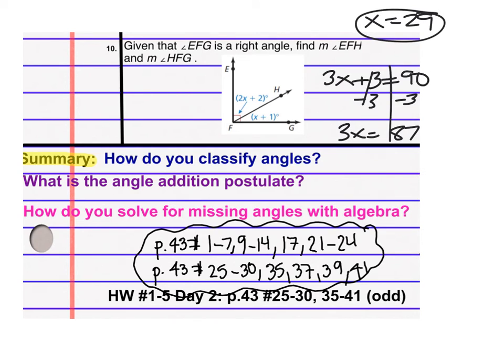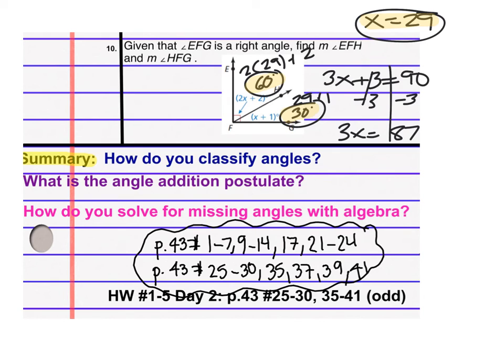Then you substitute in, so you do 2 times 29 plus 2, and that should give you 60 degrees. Over here, you do 29 plus 1, and you get 30 degrees. So I get 60 and 30 for my angles, and x was 29.